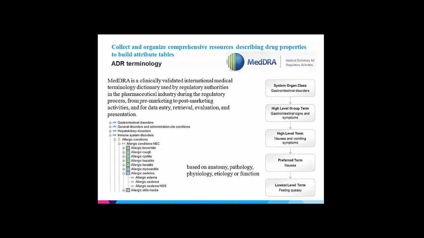So I would suggest maybe focusing on the life-threatening ones that could cause drug attrition, or at least cause the patient to discontinue a drug treatment. Then you would not have so many adverse reactions, and a lot of them could overlap.